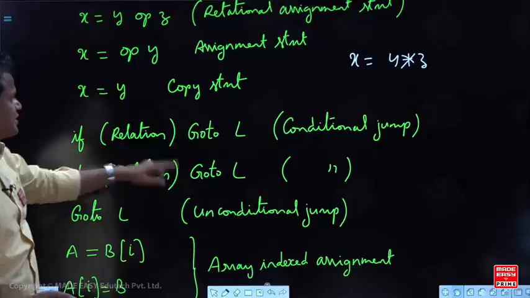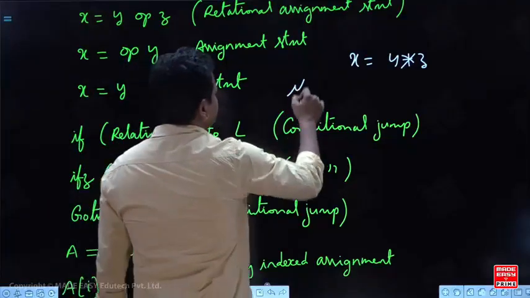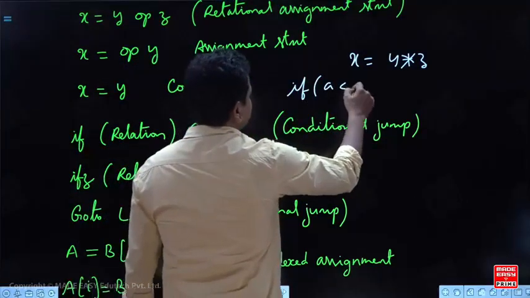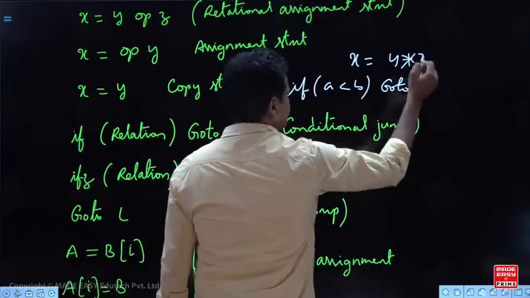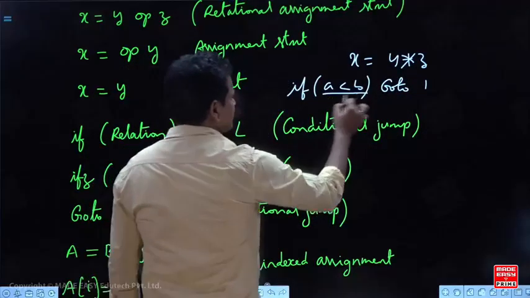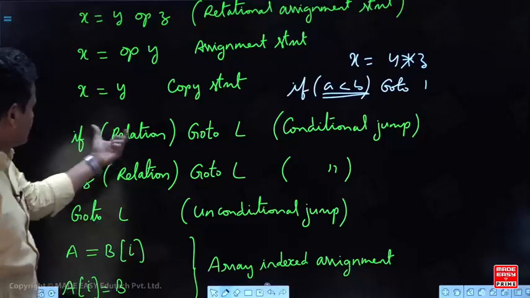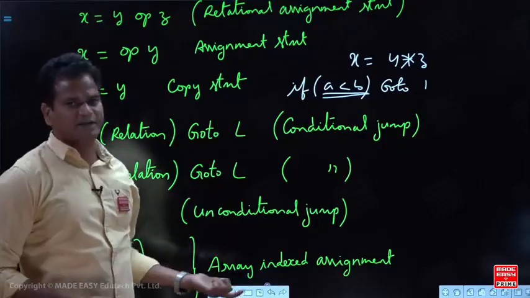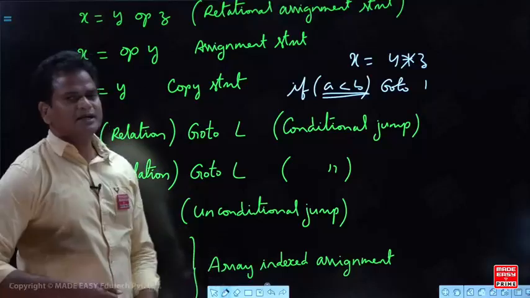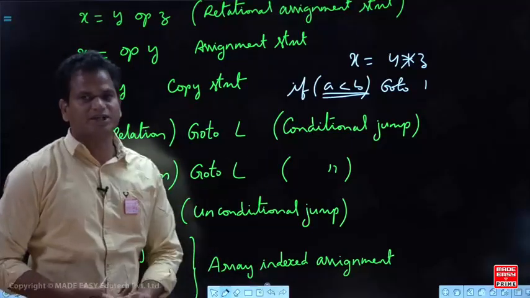And a conditional, for example: if A less than B, then go to L, like go to 10 or go to 1. If the condition is true, then jump to the L statement. This is called a conditional jump.